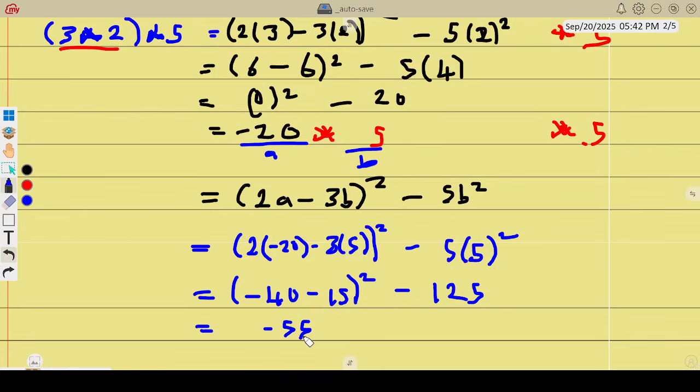So it is negative 55 minus 125. I don't like the solution, so just ensure you resolve it again and don't make any mistake. So what is negative 55 minus 125? We're getting negative 180. So this is how you can go about it.